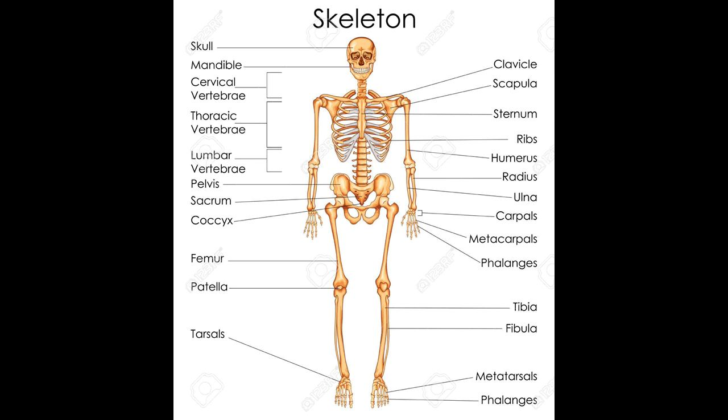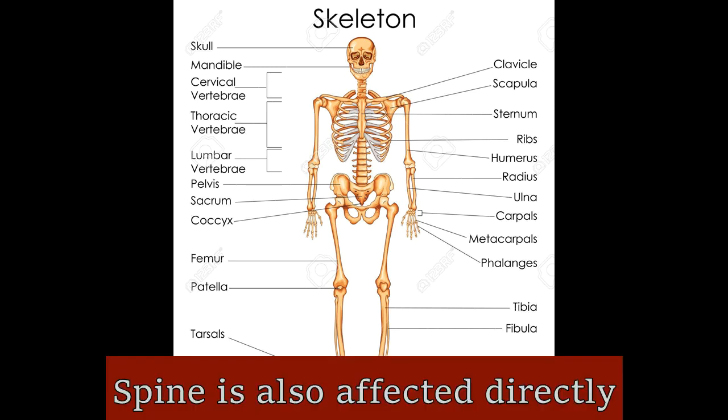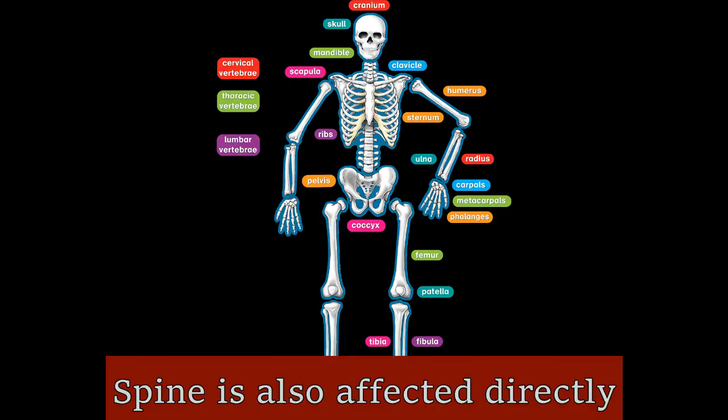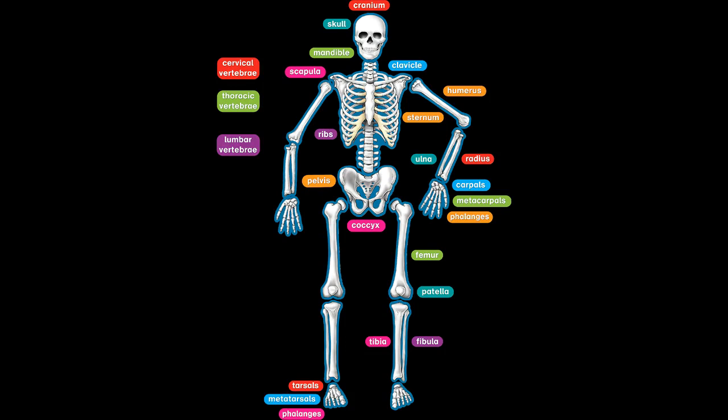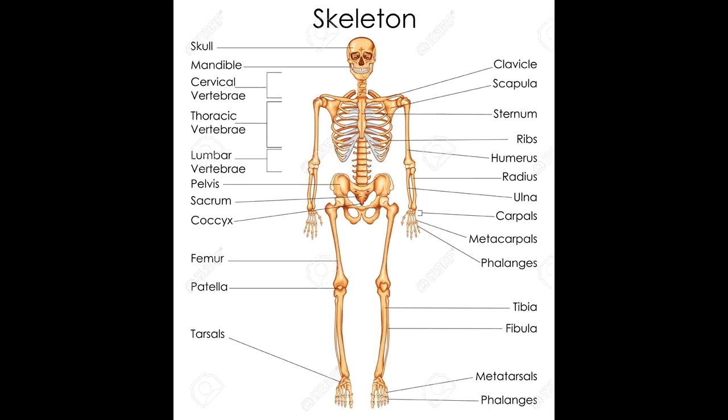Again, you can see this is the human skeleton, and usually the spine will also be affected directly because it's joined to the pelvic bone. All of these other bones will be affected too. They are the arms, because you'll need your arms to support yourself during pushing.